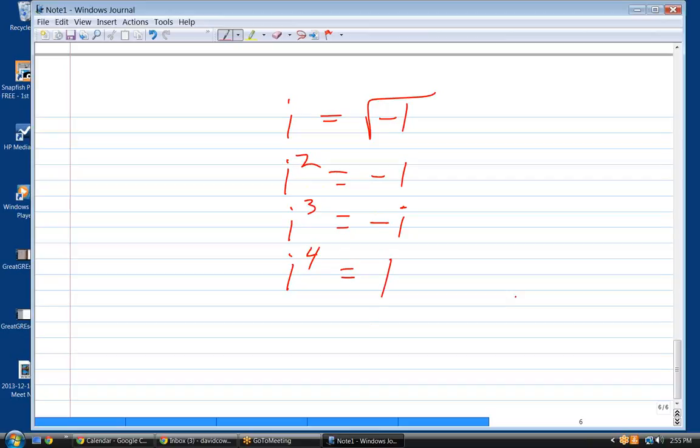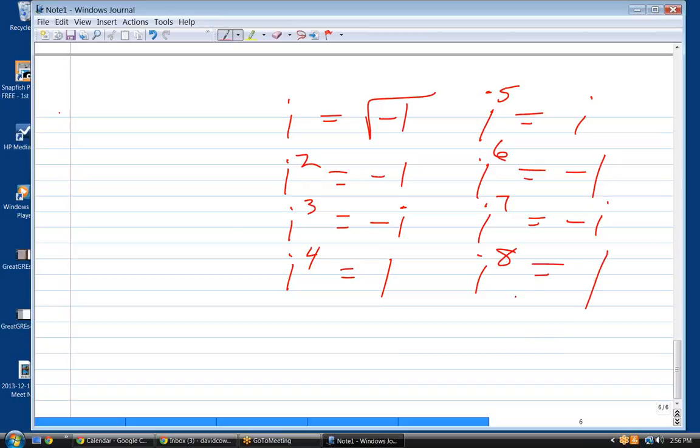And what's i to the fifth? It recycles every time. i to the fifth equals i, i to the sixth equals negative 1, i to the seventh equals minus i, i to the eighth equals 1.